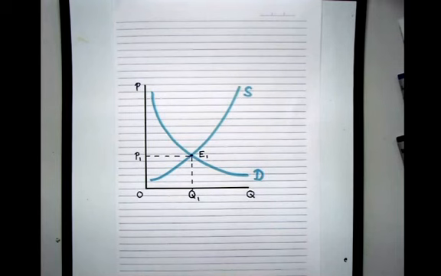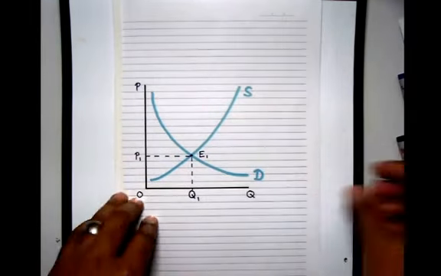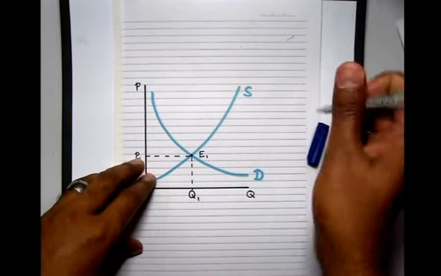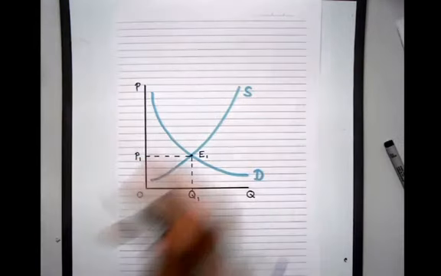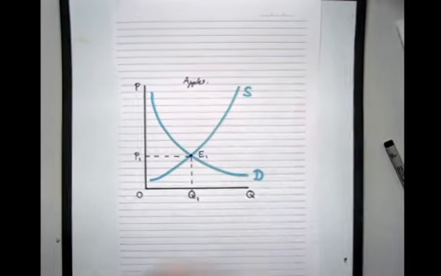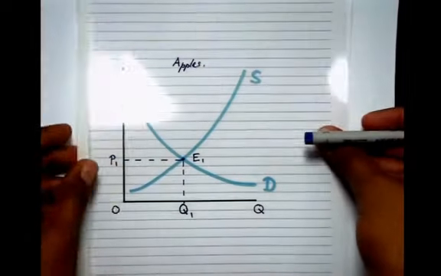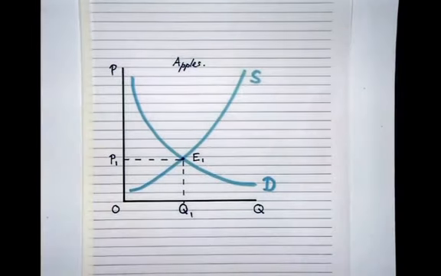Now, we haven't talked about what will happen if some sort of event were to occur in the market. So, let's say this was the market for apples, and there was some sort of scientific discovery, some previously unknown knowledge, that apples are healthy for you.